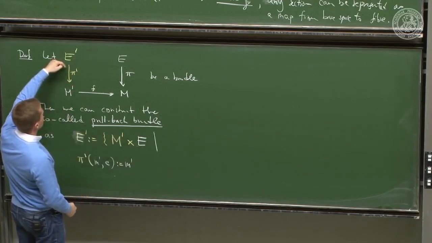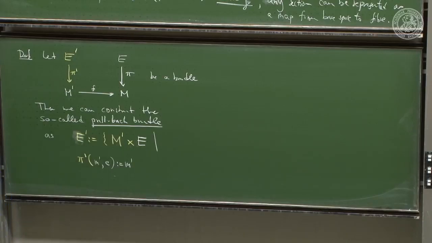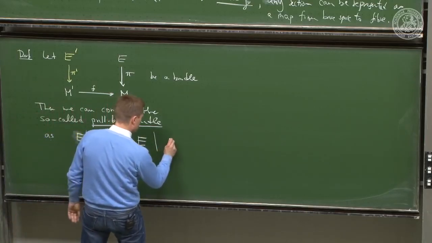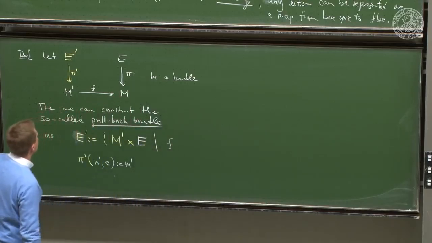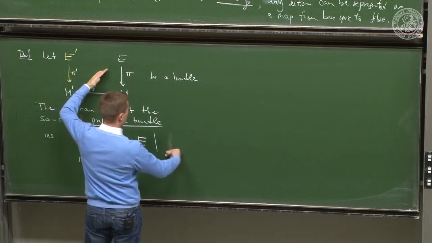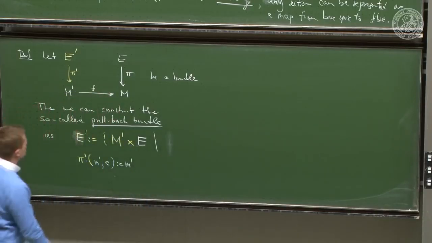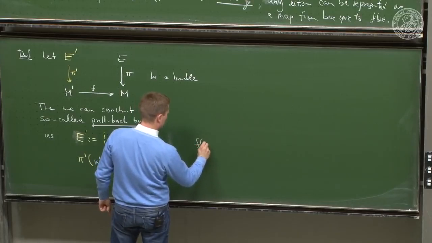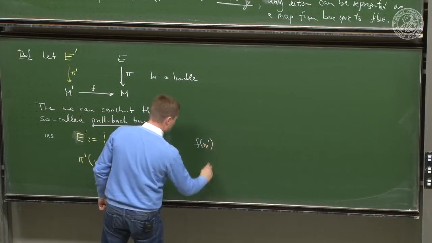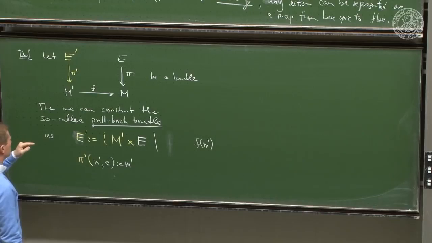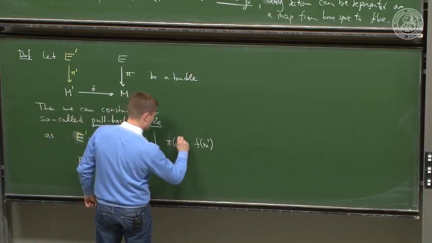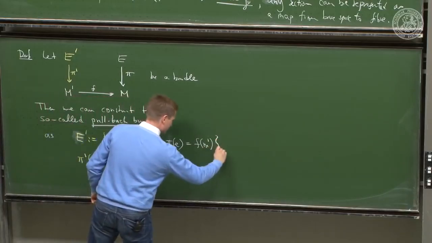The restriction is that F of m prime must be the same as pi of E. Aha, yeah, now I know why I had to hesitate so long.